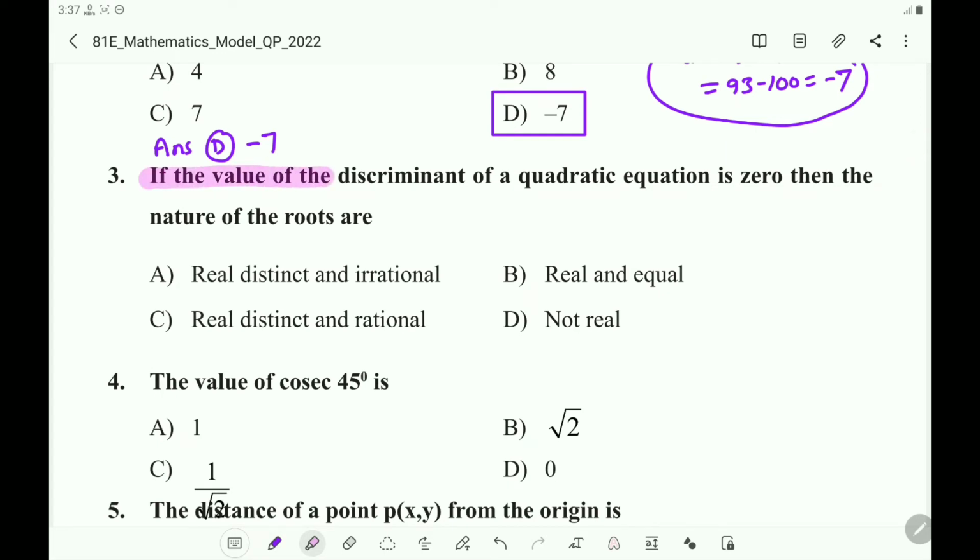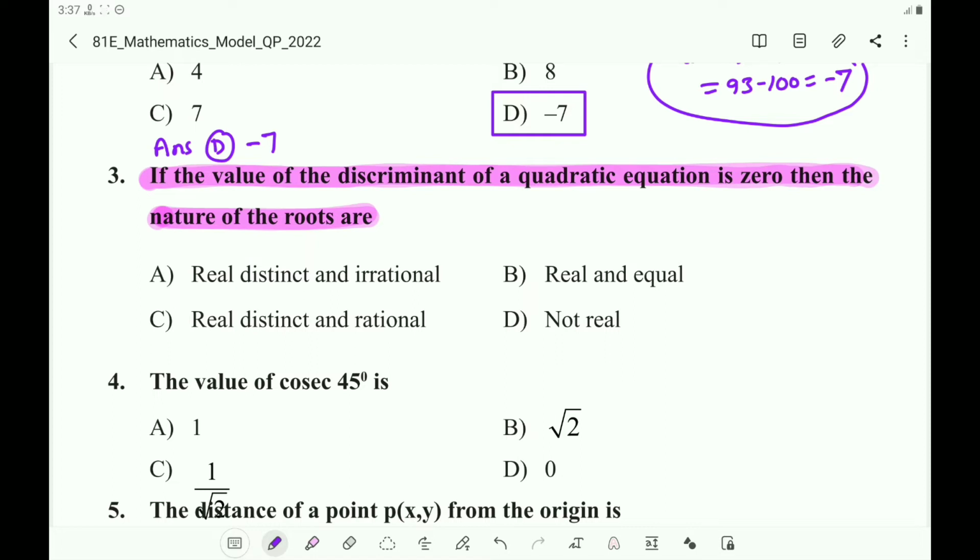Next, you take third question. If the value of the discriminant of a quadratic equation is 0, then the nature of the roots are. You know that nature of the roots of the quadratic equation depends upon the value b² - 4ac.